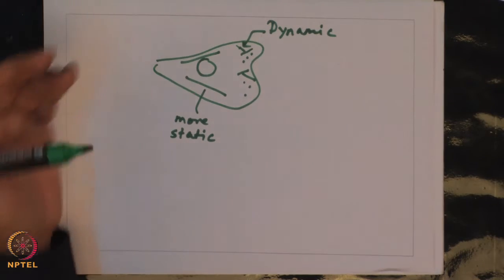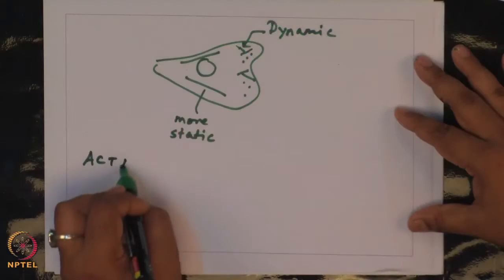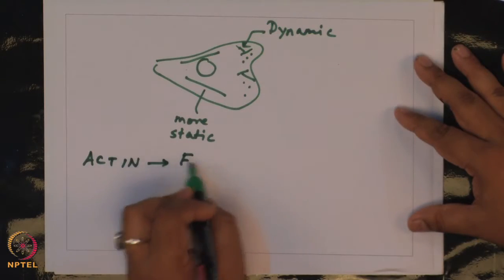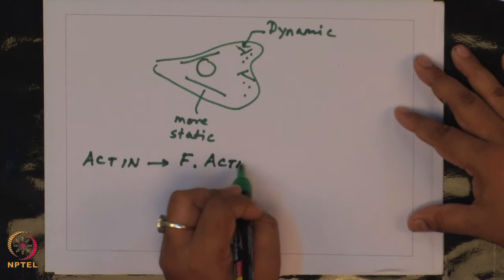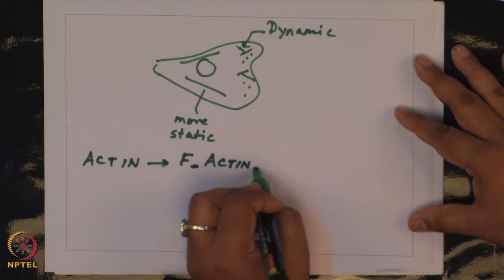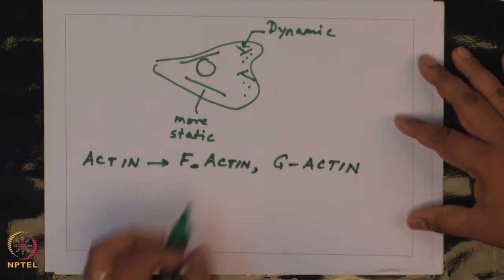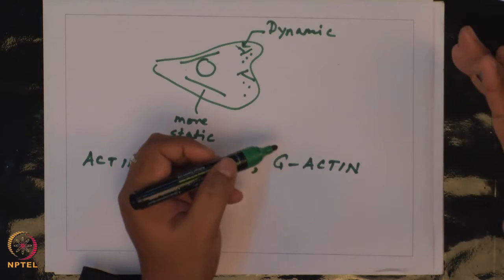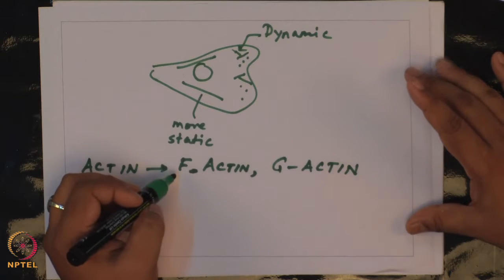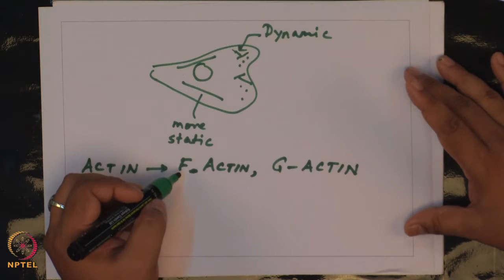Okay. So, there are two pools of actin, or actin exists in two forms. I have F actin and G actin. G actin stands for globular actin and F actin stands for filamentous actin.